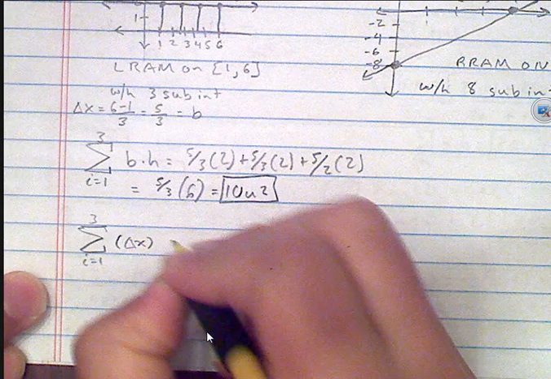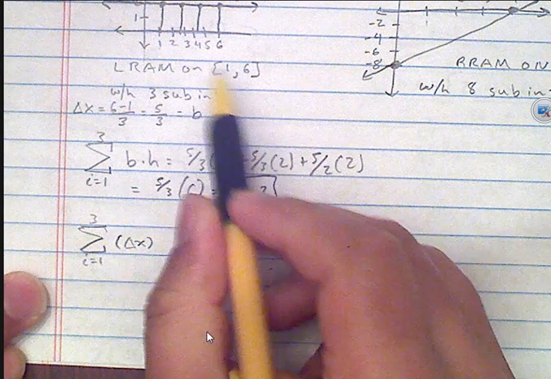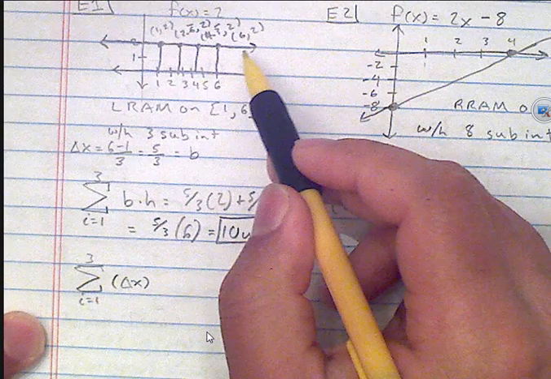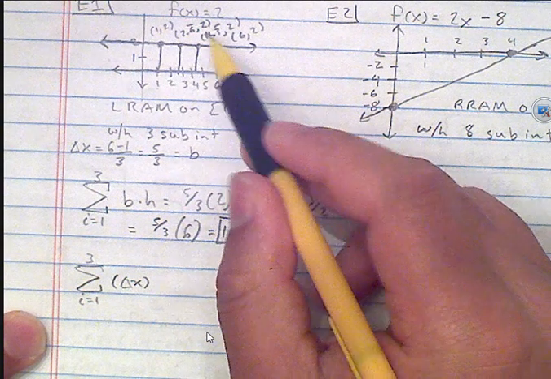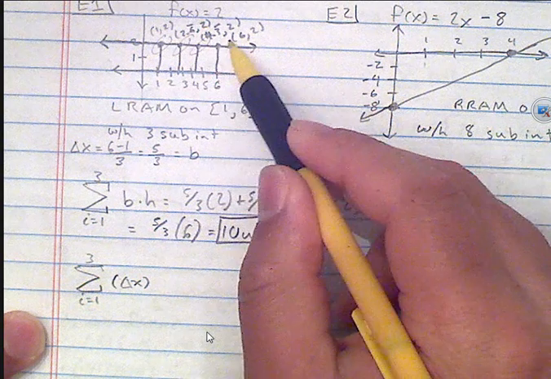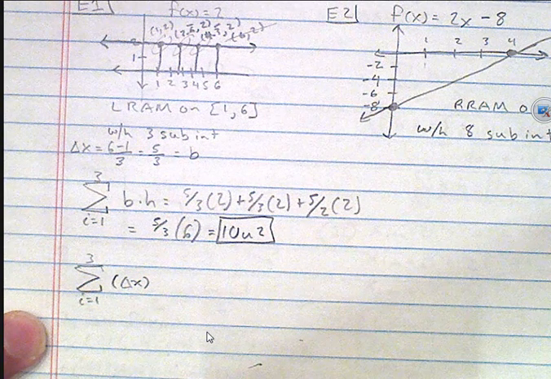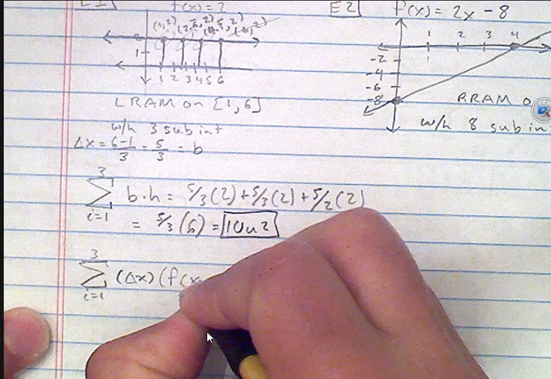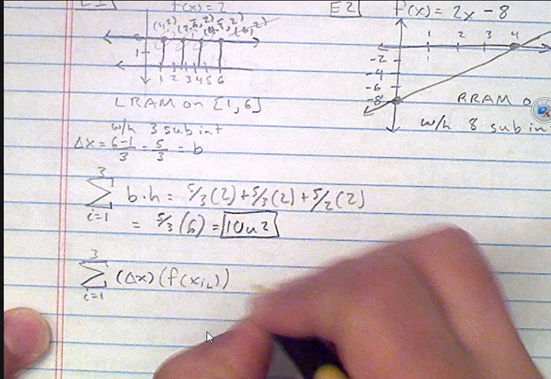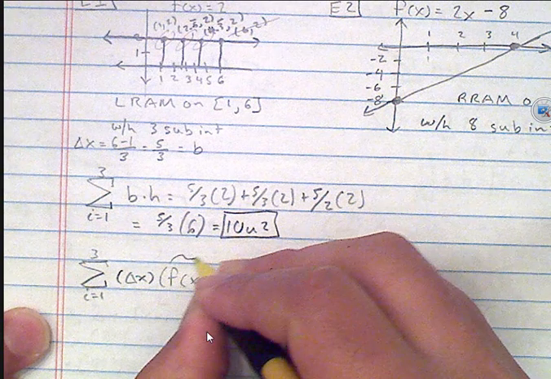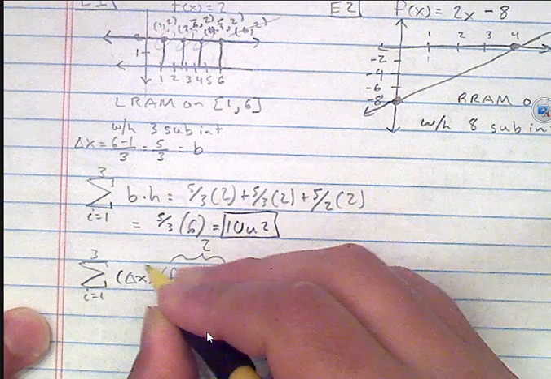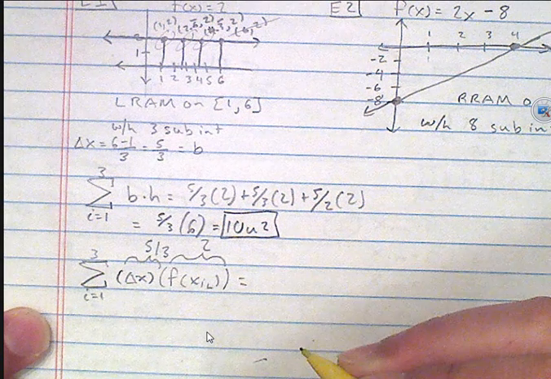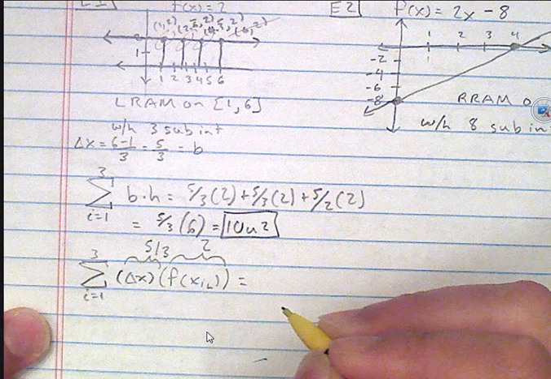Let's say we're doing an LRAM, so really this point right here does not even matter, because we're only focused on the left endpoints. And then we have f of x sub i. Well, this is always 2 no matter what, and this is always 5/3 no matter what. So there's no point in working it all out.